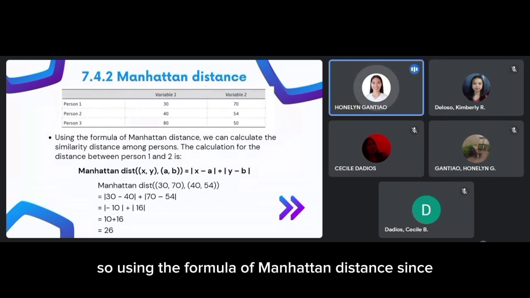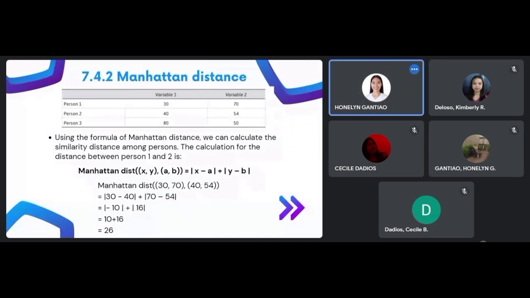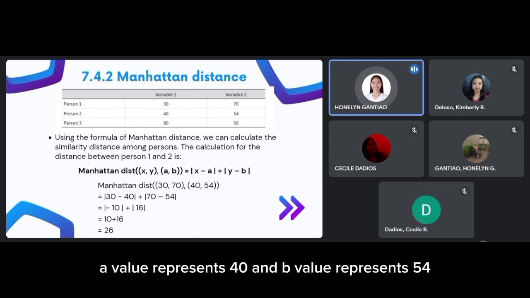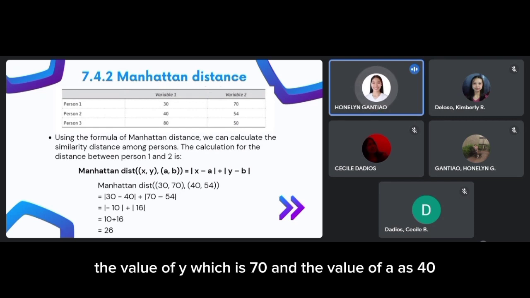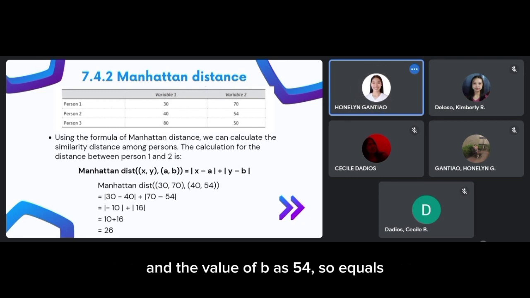So x is 30, y is 70, a is 40, and b is 54.